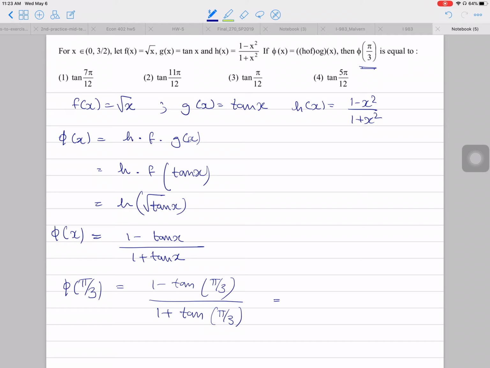This thing, if we remember the trigonometric identities correctly, is tan of pi over 4 minus pi over 3, which is equal to tan of 11 pi over 12.